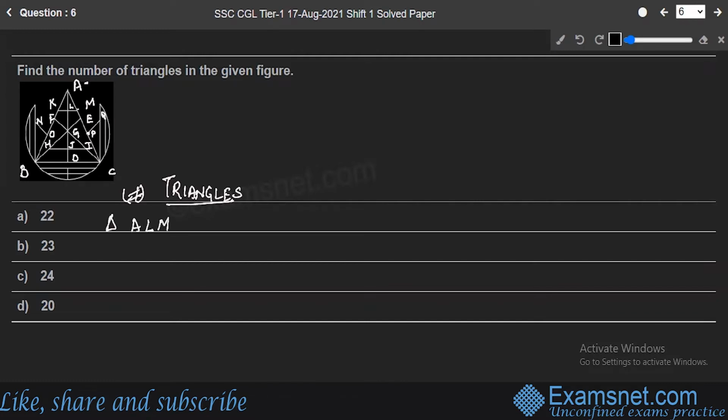Then the adjacent triangle to ALM, that's triangle ALK, and a combination of both these triangles, AKM. Then this triangle GHJ, then triangle GJI, then a combination of both these triangles, GHI.